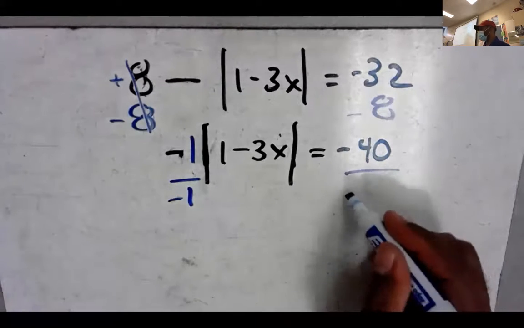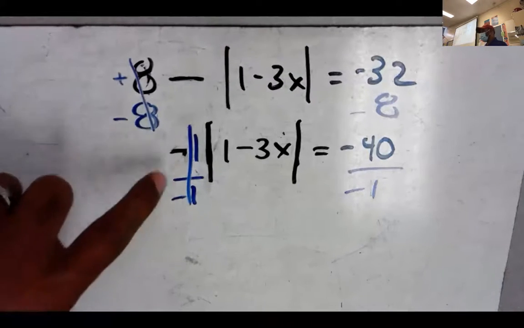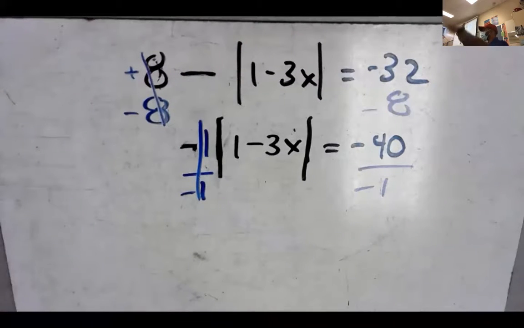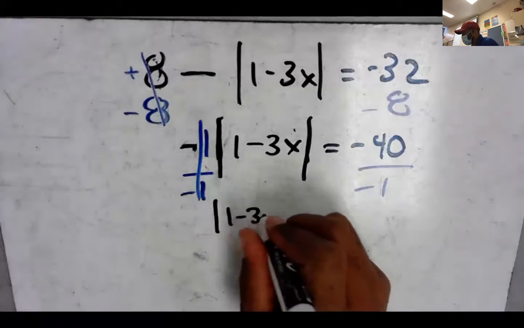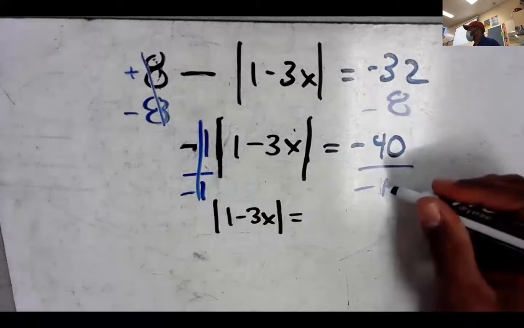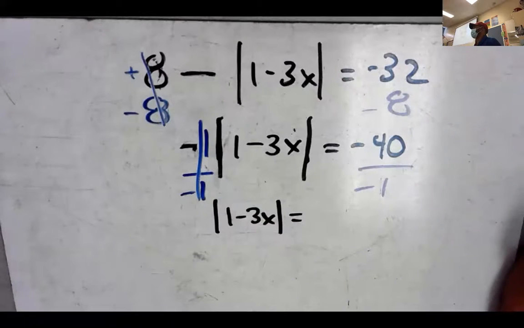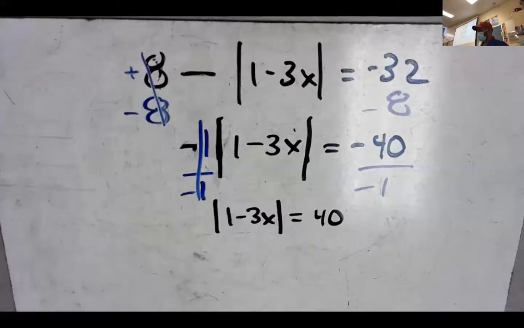So divide by negative 1. Then that will cancel out because negative divided by negative is a positive. So now it just becomes positive 1. Now I have 1 minus 3x absolute value. And then over here, negative 40 divided by negative 1. How much is that? Positive 40, just a negative divided by a negative.